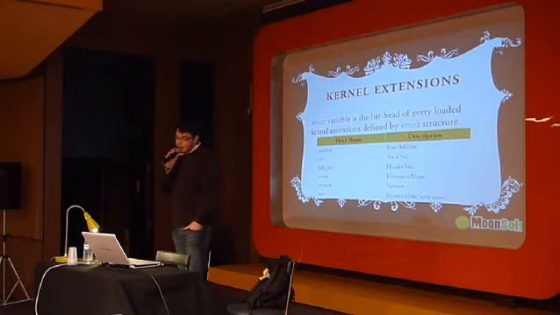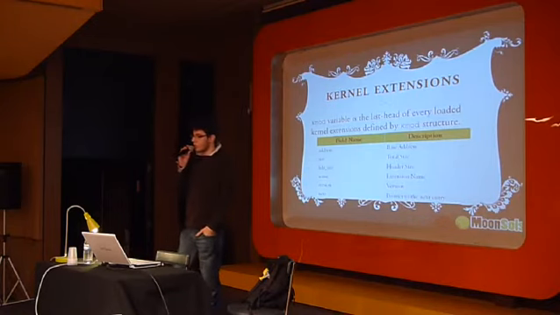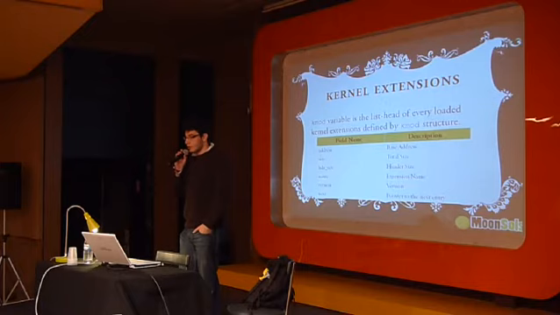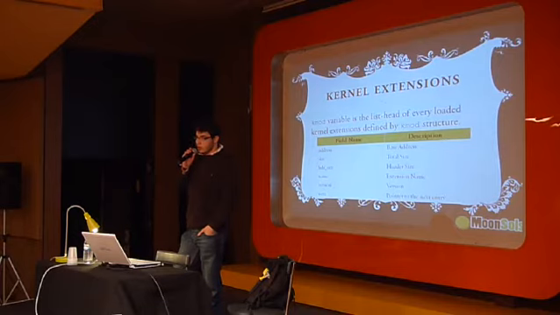Same thing for the kernel extensions. There is a variable called kmod, which is also a linked list. This variable is defined by the kmod structure, which contains various information like the data address and the size, which is really interesting if you want to, for instance, dump a kernel module.